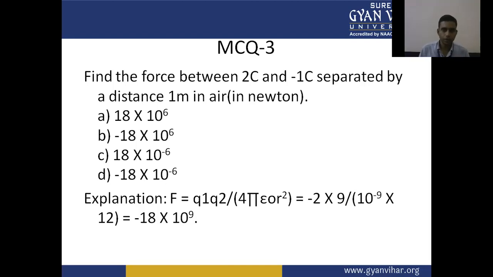So Q1 Q2 is minus 2 into 9 into 10 to the power 9, so it comes to minus 18 into 10 to the power 9. This is the force.